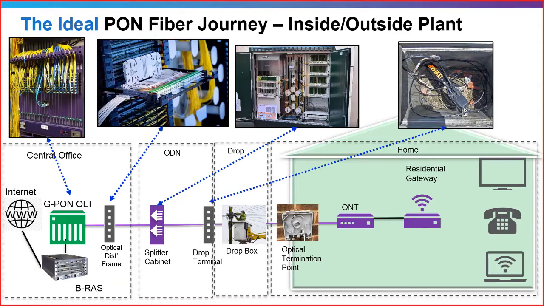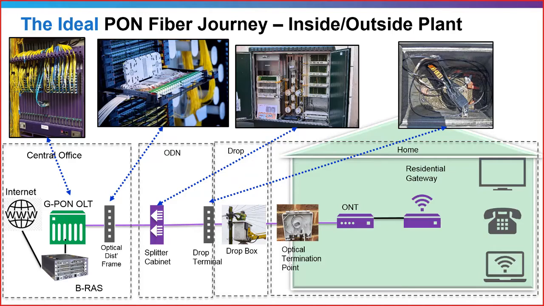So when all goes well, what's the typical PON rollout and layout of the network look like? You can see from left to right, looking at the central office where the OLT would be, and going through the fiber feeder, down through the splitter cabinet, drop terminal.